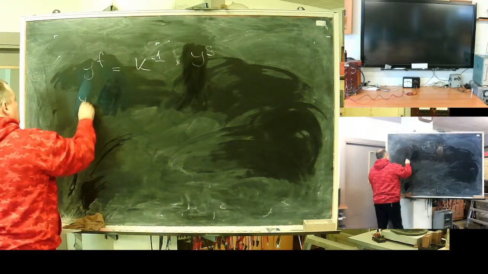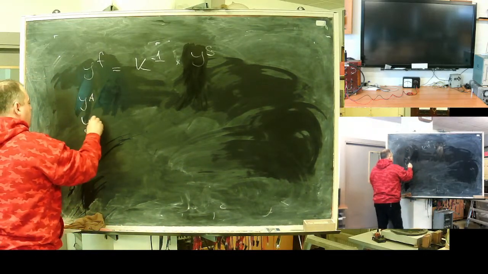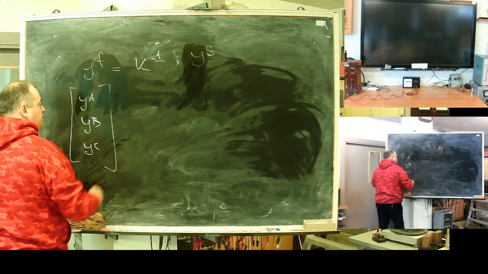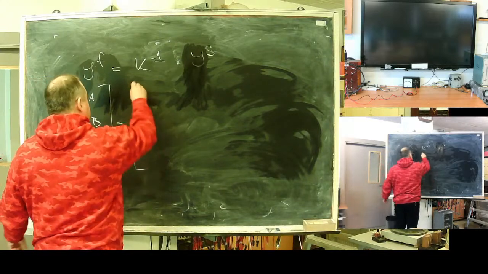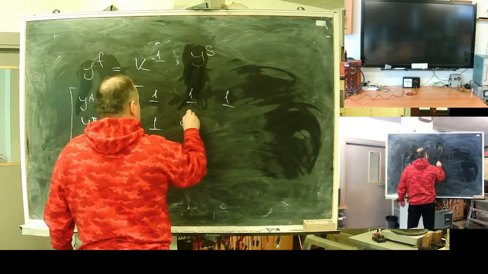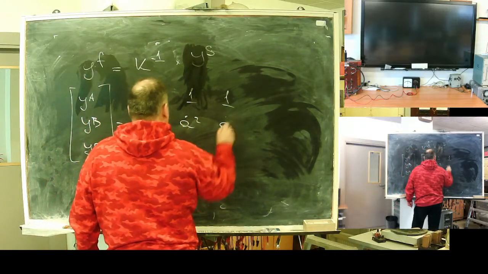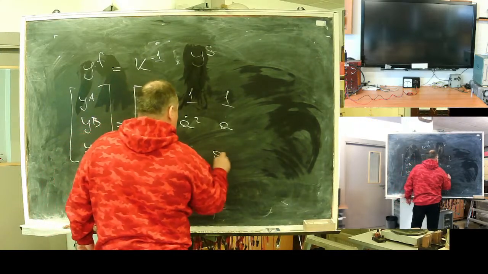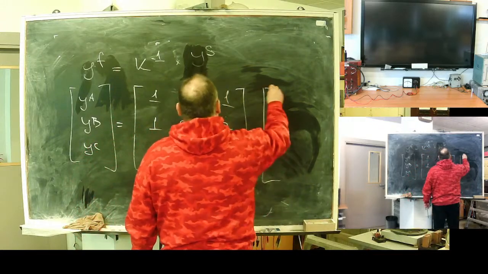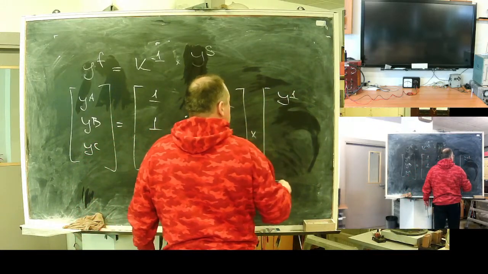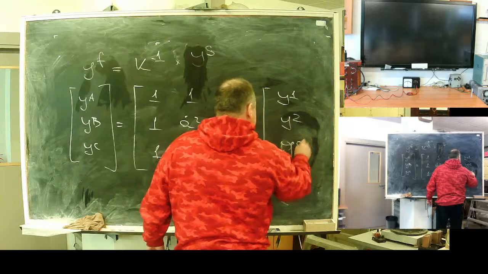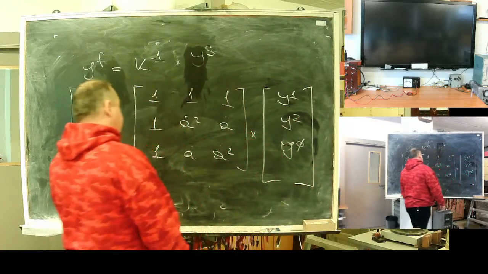So Y of A, Y of B, Y of C, a vector in phase coordinates, equals the matrix 1, 1, 1; 1, a square, a; 1, a, a square, multiplied by direct sequence, negative sequence, and zero sequence.